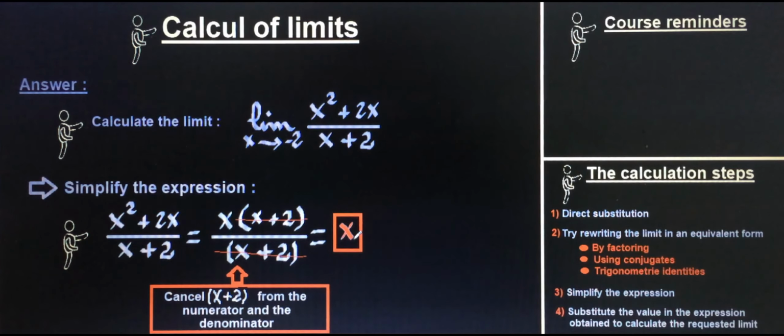Step number 3, simplify the expression. As shown, we can cancel x plus 2 from the numerator and the denominator. So, the expression x times x plus 2 divided by x plus 2 becomes x.